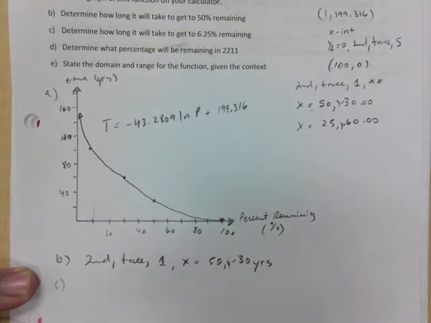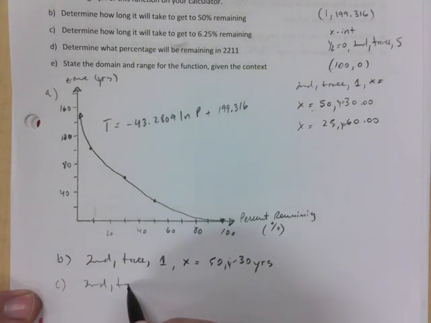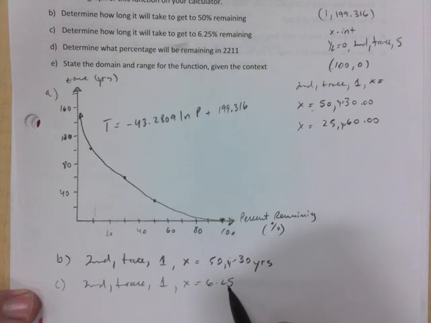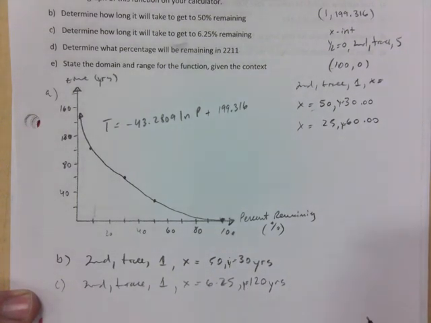C, how long would it take to get to 25% or 6.25? Second trace 1, x equals 6.25. That is 120 exactly. Y is equal to 120 years.